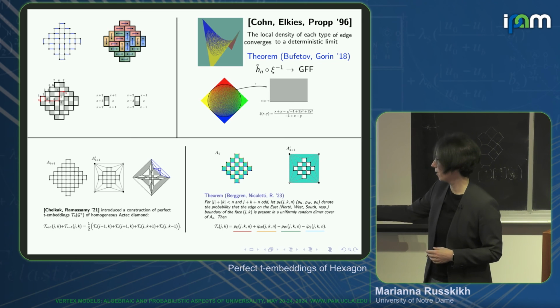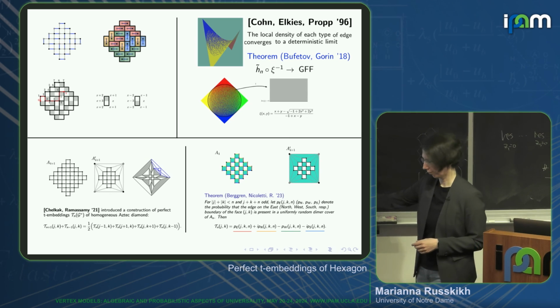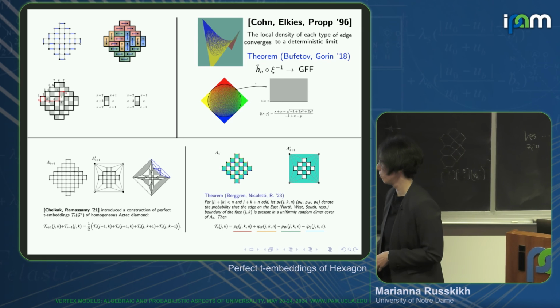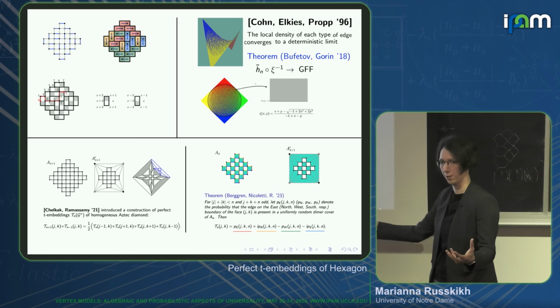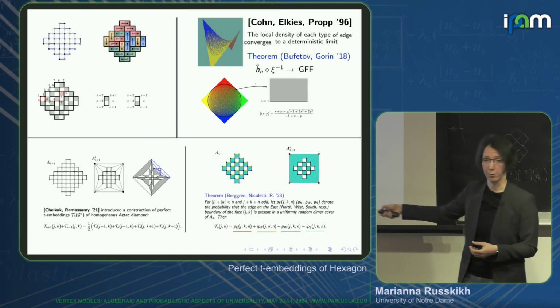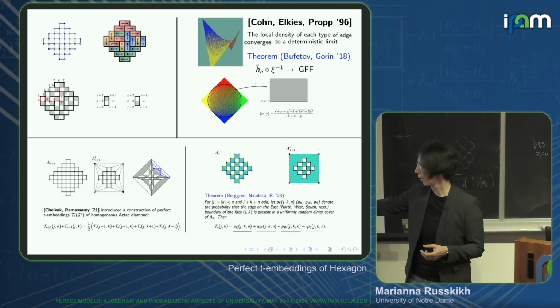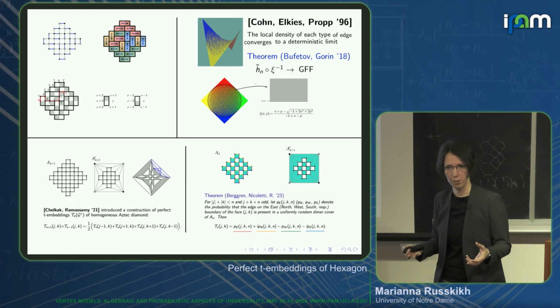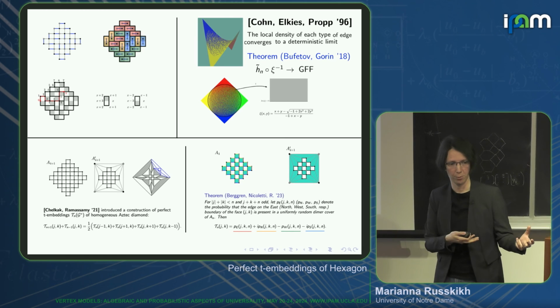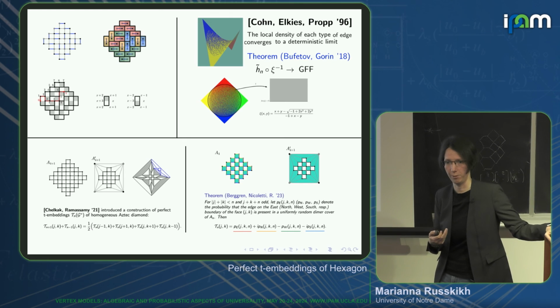But what is written here, you can recognize as a discrete version of the wave equation. This is what Dima and Sanjay used, first of all, to show the existence of those t-embeddings, and also to guess the limit of the t-embedding. If we have a wave equation here with some boundary conditions, the limit should be the corresponding continuous solution of the wave equation with the corresponding boundary conditions.